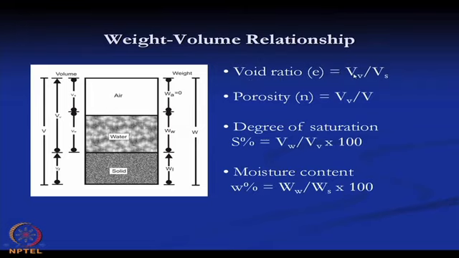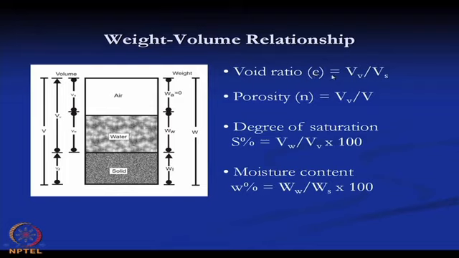Void ratio is defined by volume of void divided by volume of solid. Similarly, porosity is defined as volume of void divided by total volume. So, we can say here that the void ratio e is the volume of void divided by volume of solid.